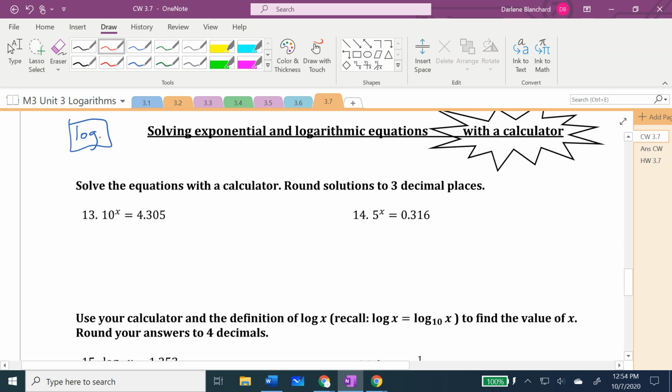Yes, thank you. Now, what that means is when you see 10 to the power of x, this is going to be nice. If you see any other base, it's not necessarily going to be nice. So what I'm going to do is I'm going to log both sides.